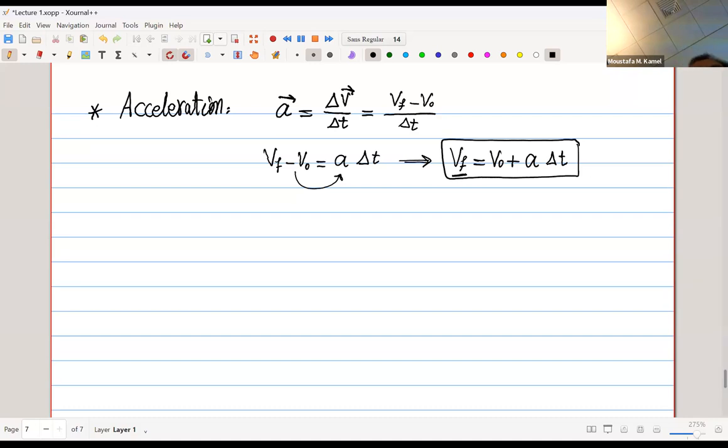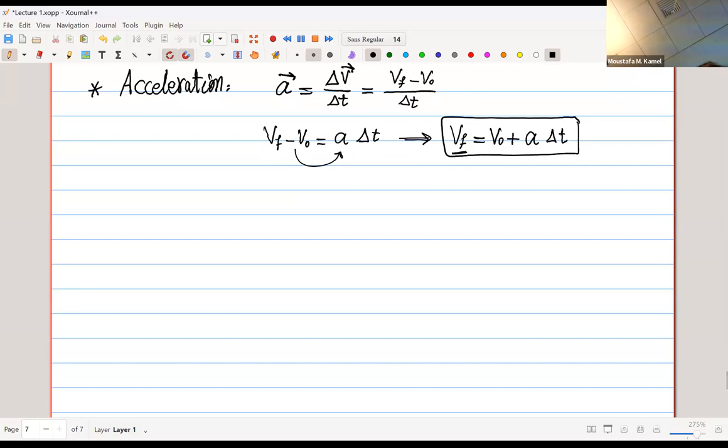For example, let's say we started from rest. So we were not moving in the beginning. So initial velocity is 0.